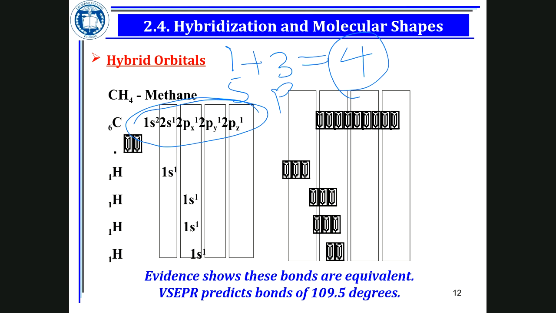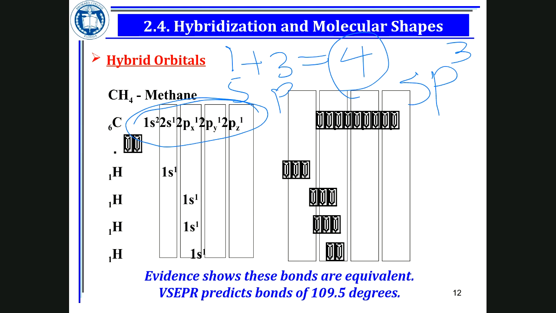So since the color is new, now when you are mixing orbitals, the new orbital that is forming, you have to name it new. You cannot say s orbital, you cannot say p orbital. So they chose a new name for this hybrid orbital, and they named this hybrid orbital sp3 orbital.